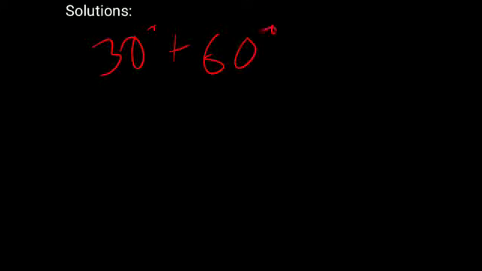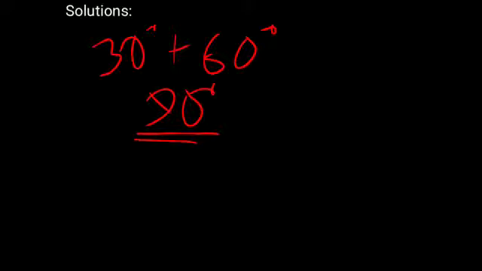So now we say 60 degrees plus 30 is going to give us 90 degrees. That is our angular difference. So then let's get into calculating the arc.